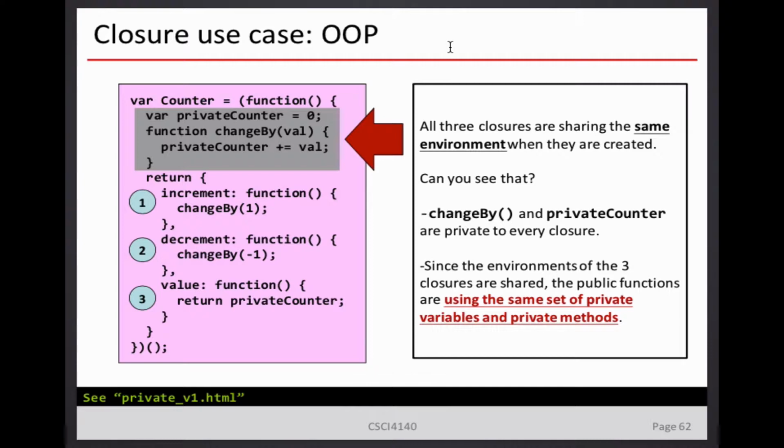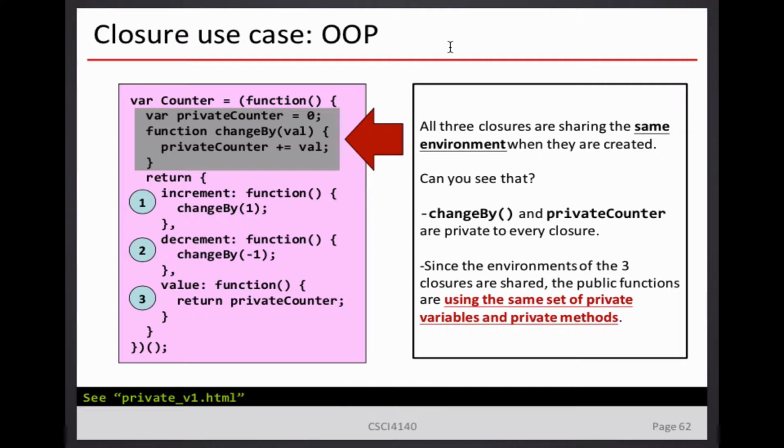So let's take a look here. This is a function, and this function relies on a variable called privateCounter. So I would say that this function, as a closure, encapsulates this privateCounter together with its implementation. The implementation is just returning its value.